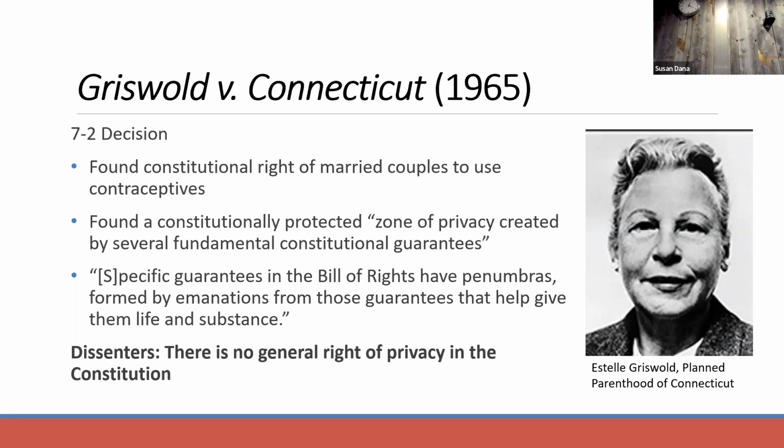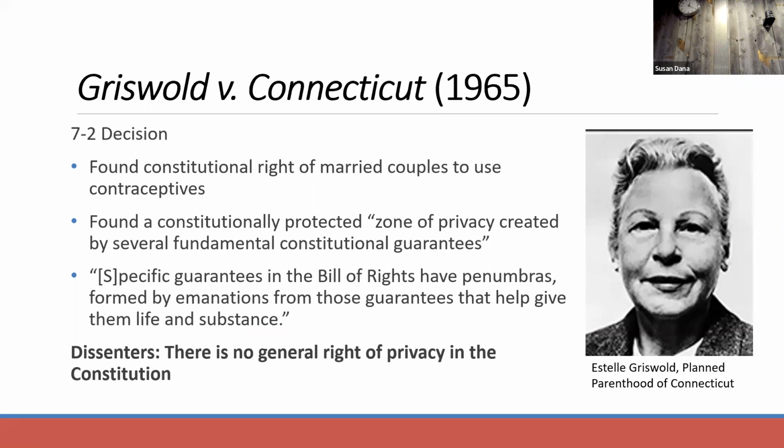This is a case where Connecticut had an old statute dating back to 1890 something or other that prohibited the use of contraceptions and prohibited supplying people with contraceptives. It dated way back by the 1960s. Nobody was paying any attention to this law, but it was still on the books. And so Planned Parenthood of Connecticut sued to have it removed from the books. And that case went all the way up to the US Supreme Court.